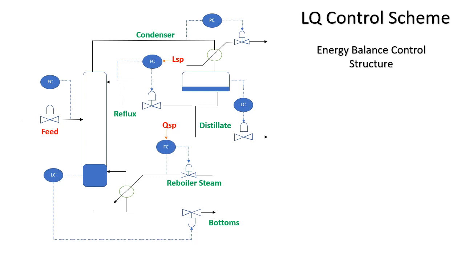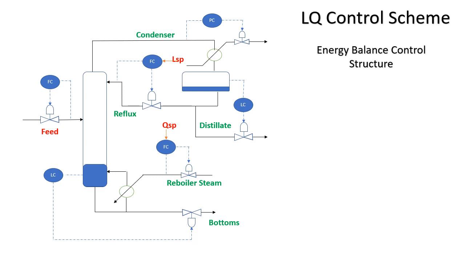So as you can see, we are controlling the flow of the reflux, and also we are controlling the amount of steam that is going to the bottom to heat the material. So basically here we are controlling the amount of energy that is going into the distillation column. So that's why it is known as the energy balance control structure. Okay.